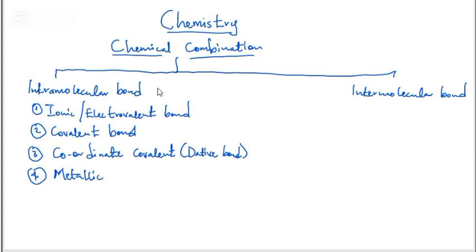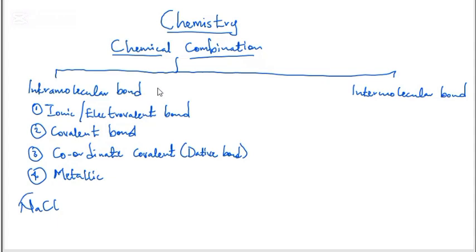So let's say, for example, we have sodium chloride. For you to get a larger amount of salt, you have to have different molecules of sodium chloride.